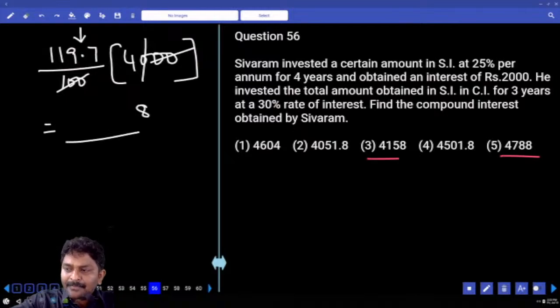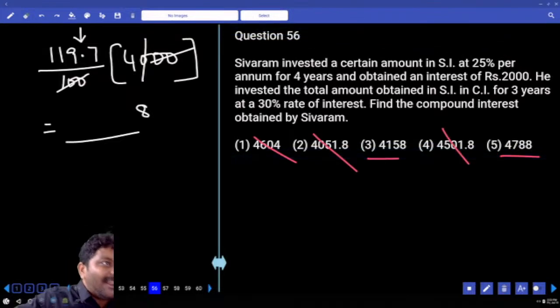Right, do you observe anything else here? 9 multiple. Because 1197 is a 9 multiple, answer should be, so third option is a 9 multiple. Fifth option is also 9 multiple.